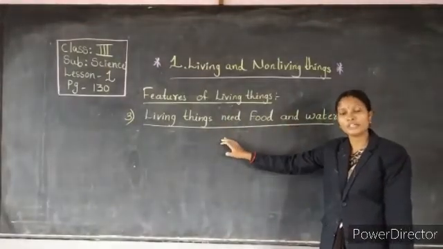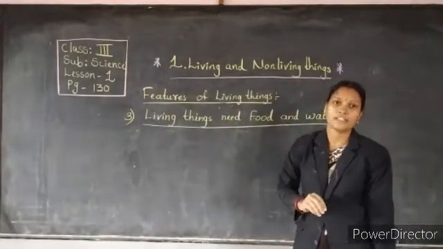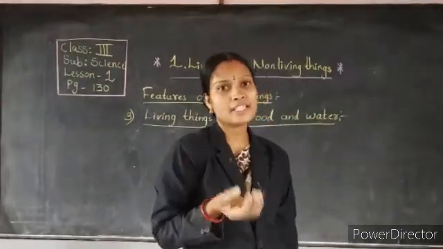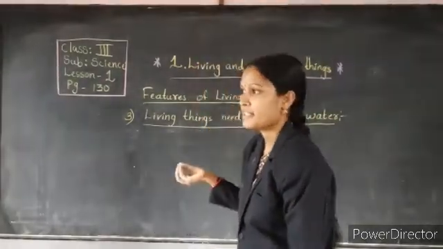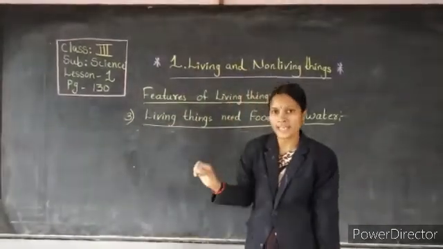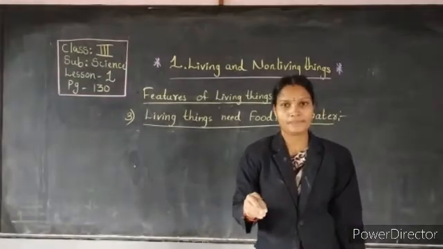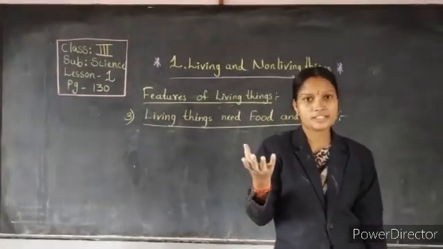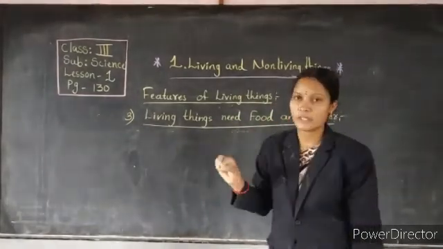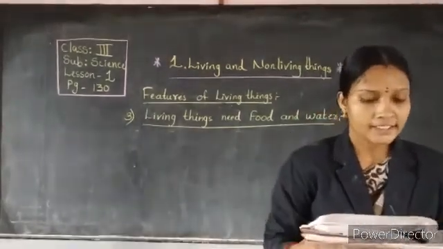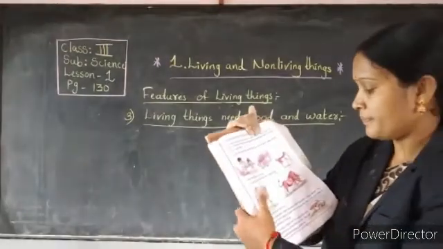Animals also need food and water. Some animals eat plants, and some animals eat flesh or meat. And other animals eat flesh of other animals. And look at this picture.